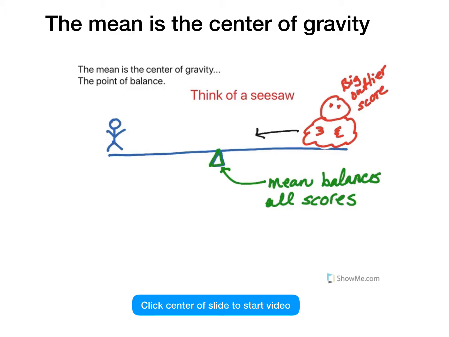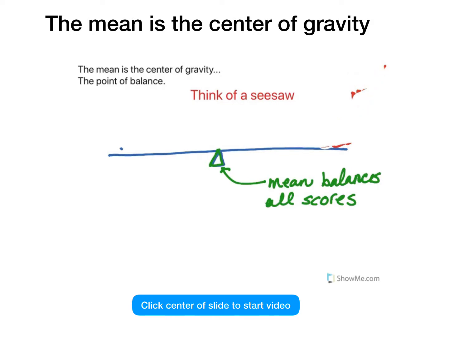So let me just erase this. It always takes a while to erase it. So the larger kid is going to move in towards the center, and the little kid is going to stay as far out as possible. Now the seesaw will be balanced just by, not adjusting the weights themselves, but adjusting their position on the seesaw.